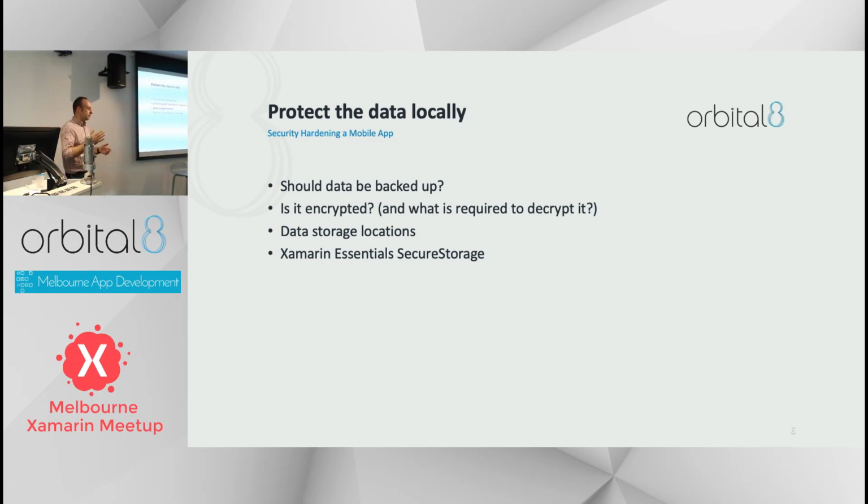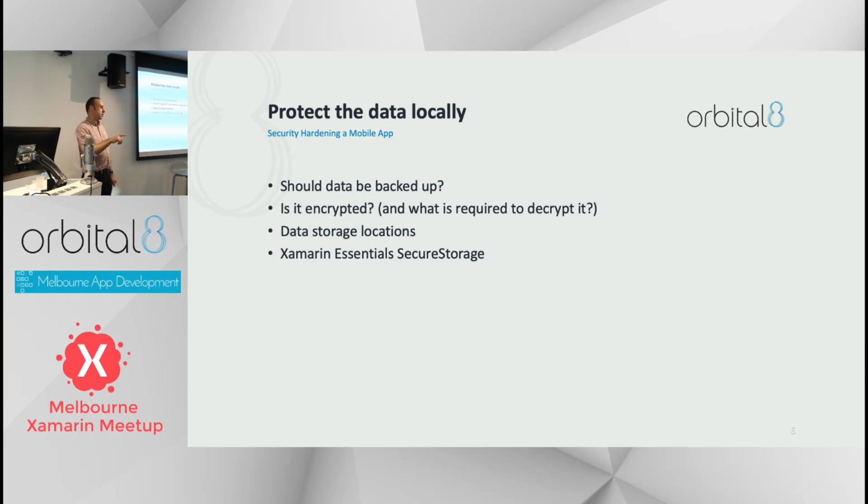So again, I like to be a bit more conservative. The default for Xamarin Essentials Secure Storage is that every value is after first unlock, which just means that the entire secure keychain for your app is available to your app after the device has been unlocked after the first boot of the device.